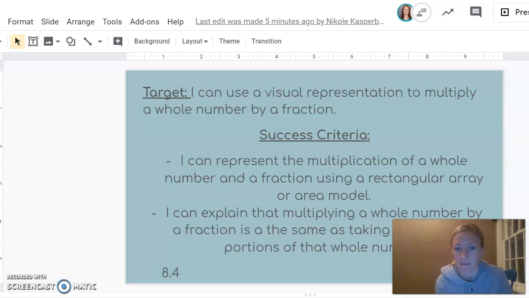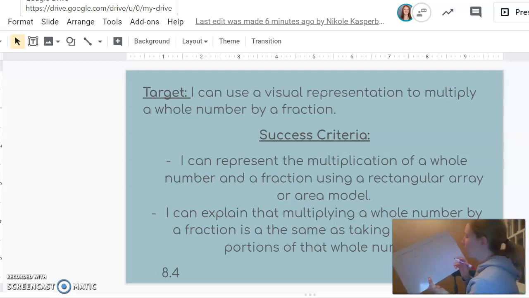Your success criteria. I can represent the multiplication of a whole number and a fraction using a rectangular array or area model. You guys know what this is. It's been a while since we've used it, but an area model is where we would say, okay, what's 3 times 2?